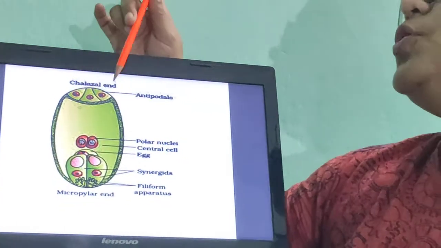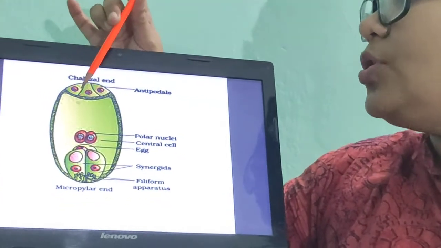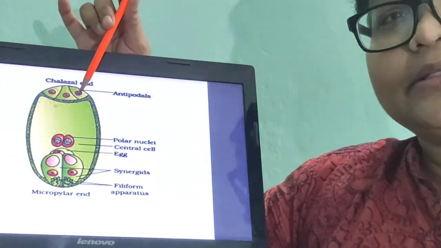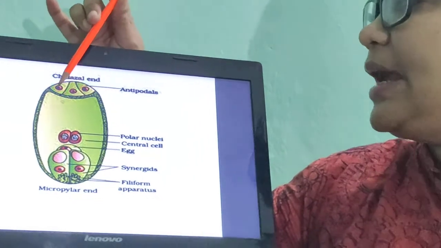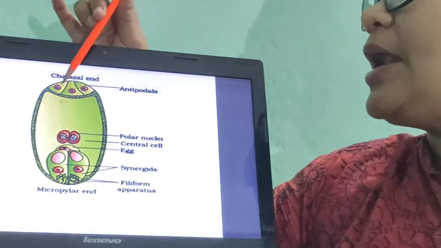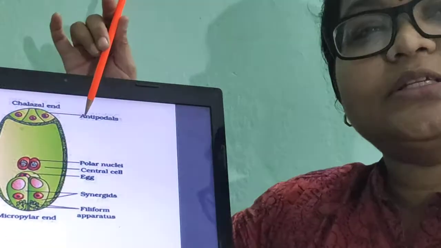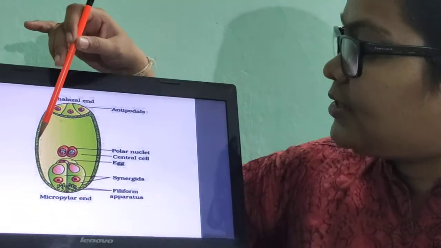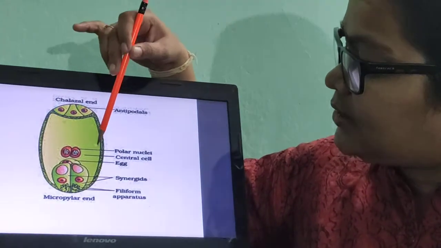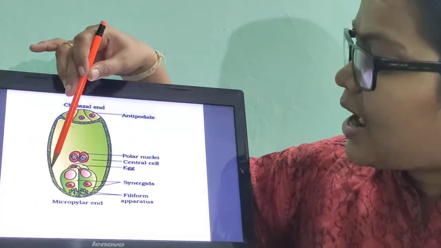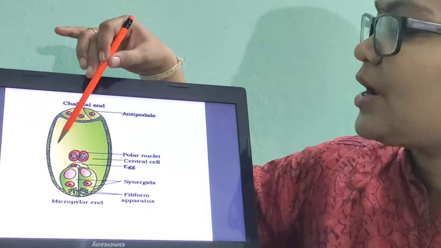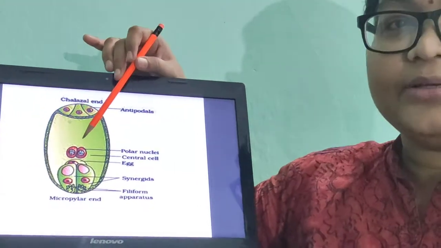Clear? Towards the chalazal end also 3 haploid cells are present. Clear? These 3 haploid cells are known as antipodals. Clear? Then at the center you see there is a large cell. This large cell present at the center is known as the central cell.